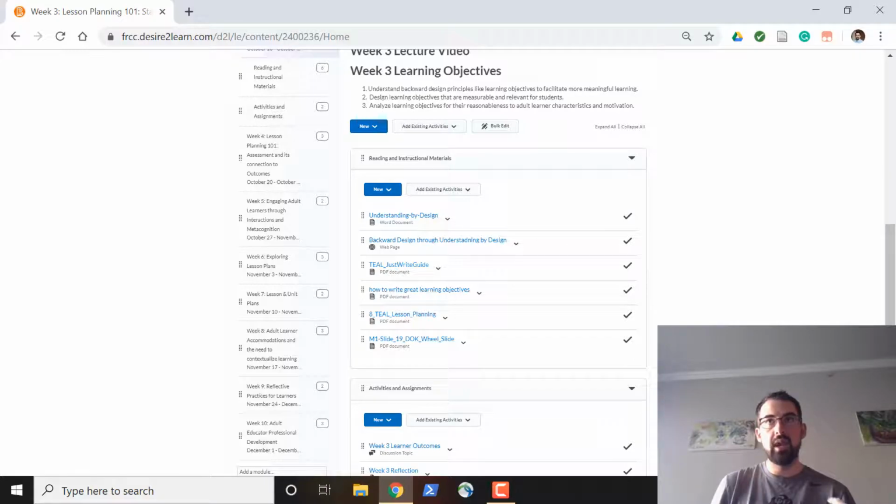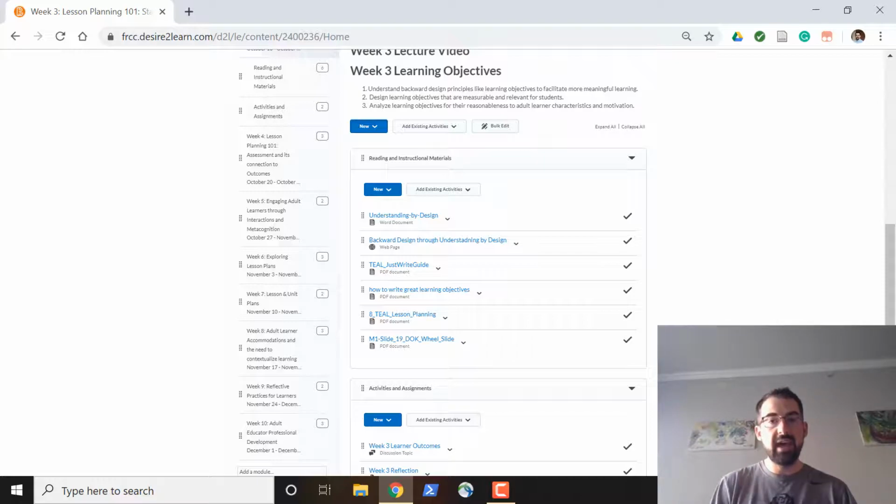It goes from very simple mental cognitive tasks like recall, list, understand, to the next level, which would be compare, describe, and the next level would be analyze. The next level would be create.